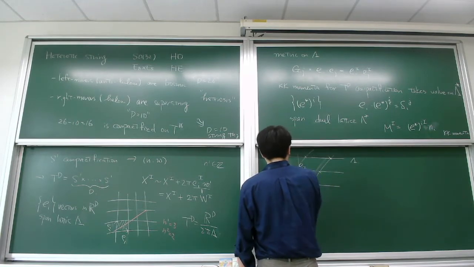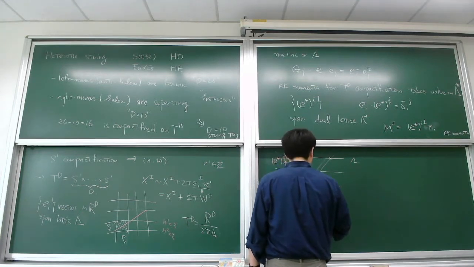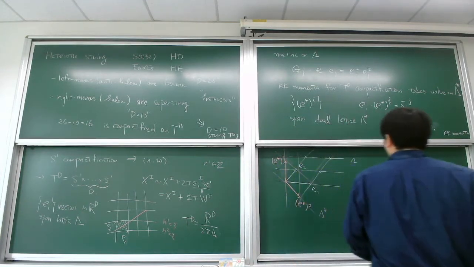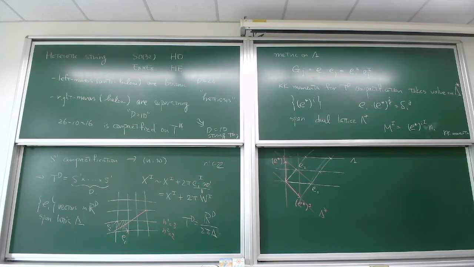This will give you lambda star, so with a bit different lattice you will obtain. So the winding and the Kaluza-Klein momenta take values on the dual lattice.